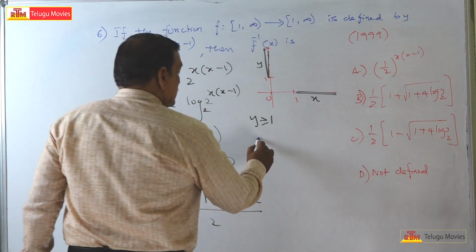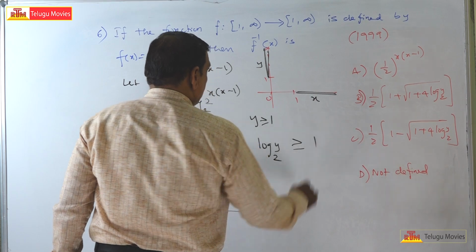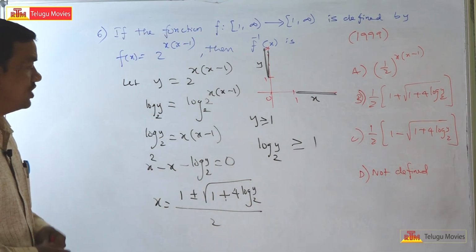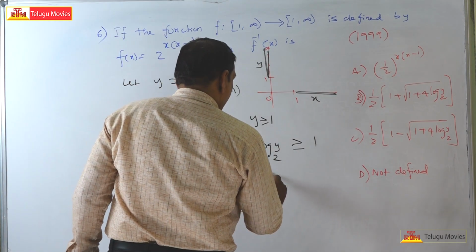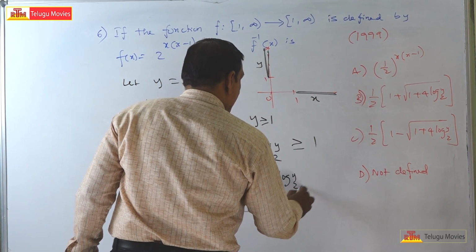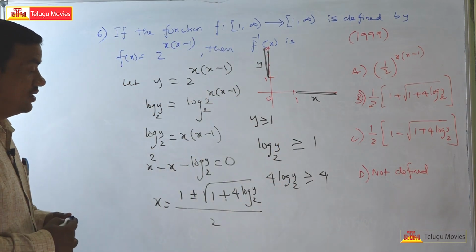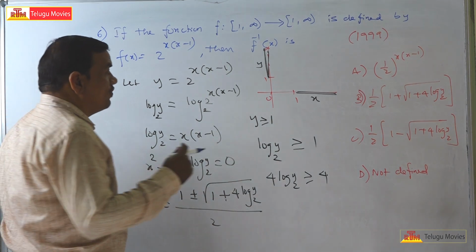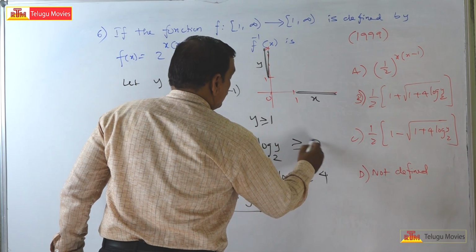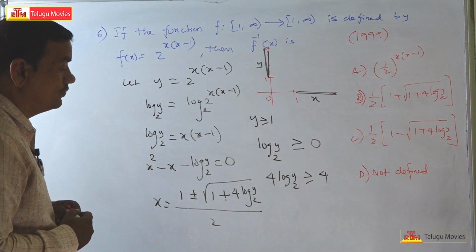That means log y to the base 2 is greater than or equal to 1. Obviously, log y to the base 2 is also greater than or equal to 0.